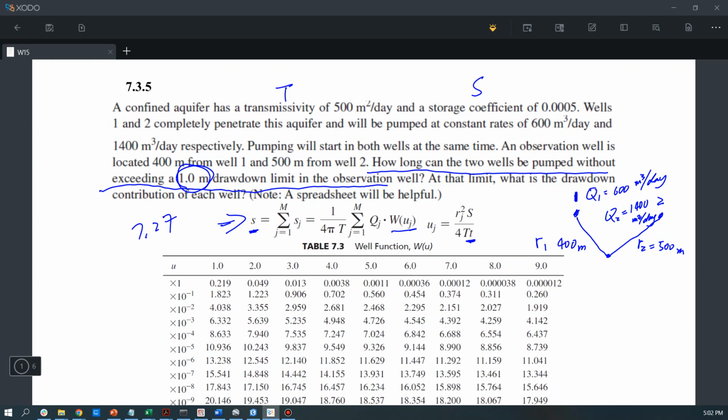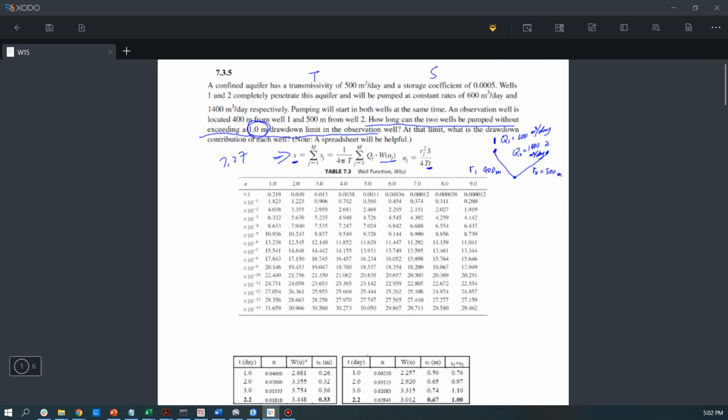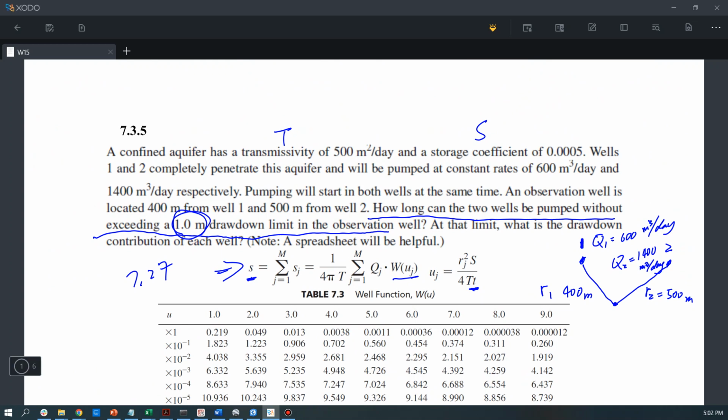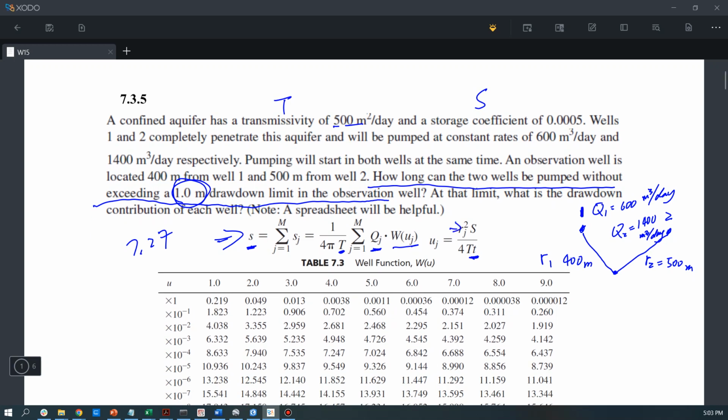In this equation, we already know the transmissivity T is equal to 500, and we also know the discharge rates for well 1 and well 2. R is the distance from the observation well, and S is the storage coefficient.